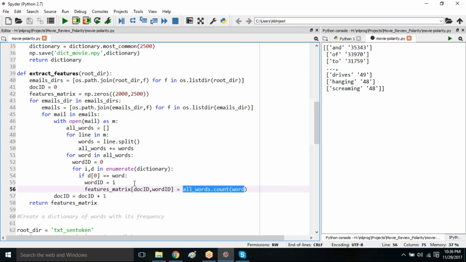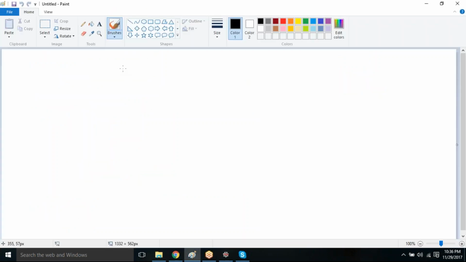Okay. What I was telling, this whole vector of 2500 dimension, where each index represents the count of that particular word in the dictionary, how many times it has come in that particular file. This particular vector is a very famous vector which you will hear or read about in text analytics.